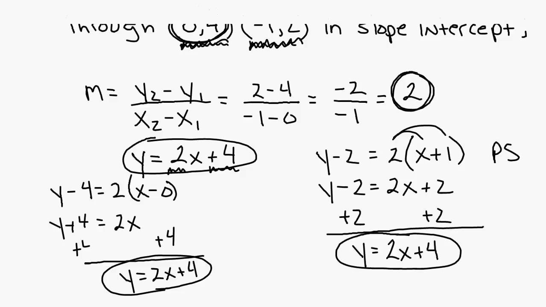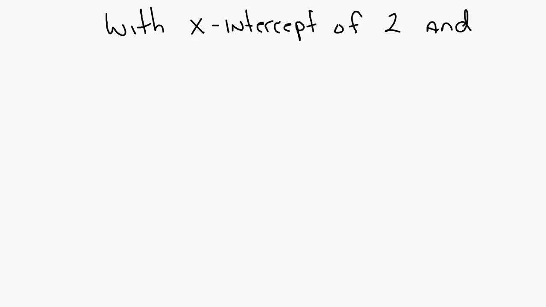How about a line with x-intercept 2 and y-intercept of 3 in point-slope?